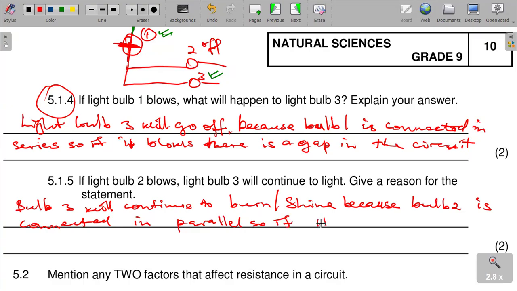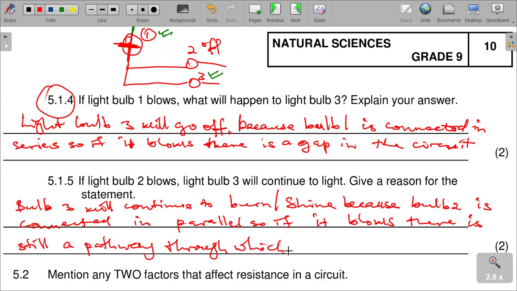So if it blows, there is still a path through which current can flow.